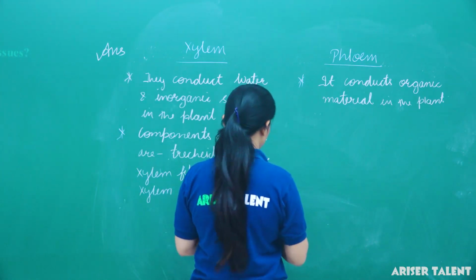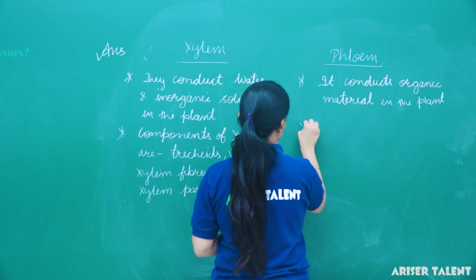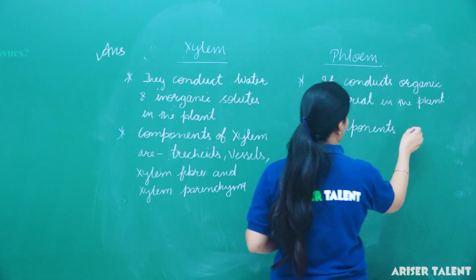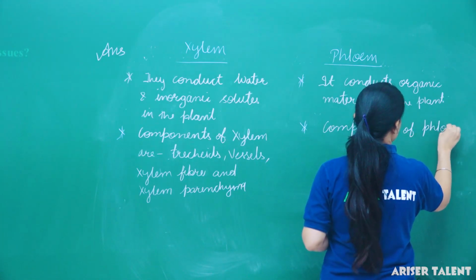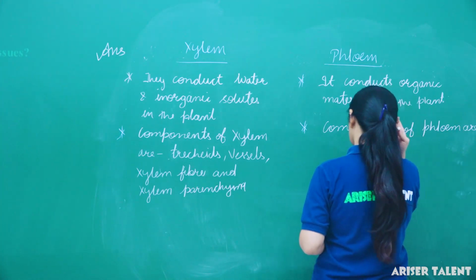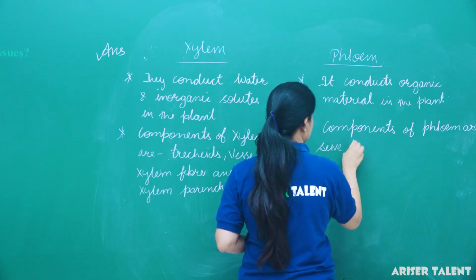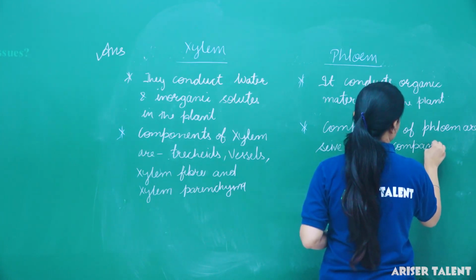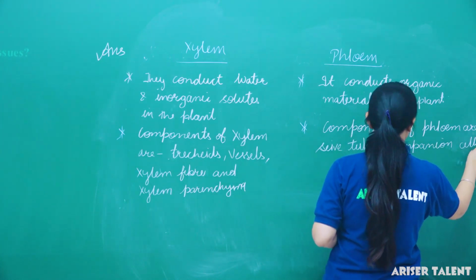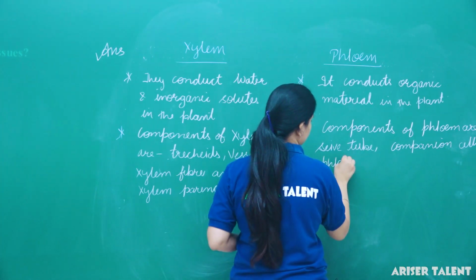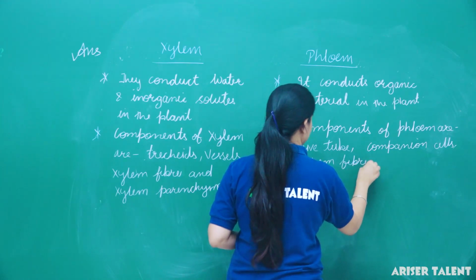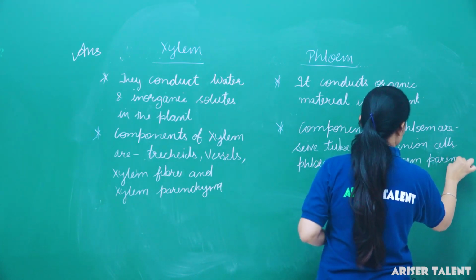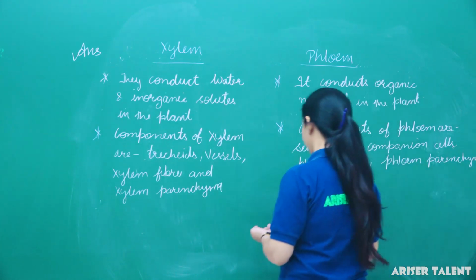And the components of phloem are sieve tube, companion cell, phloem fiber, and phloem parenchyma.